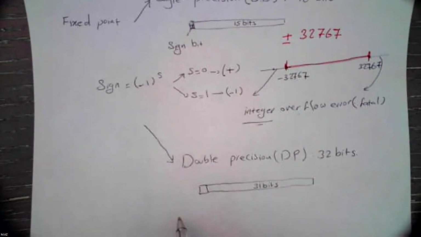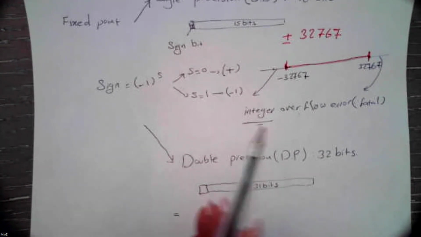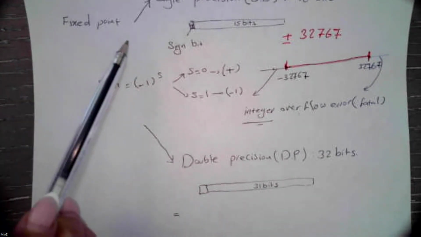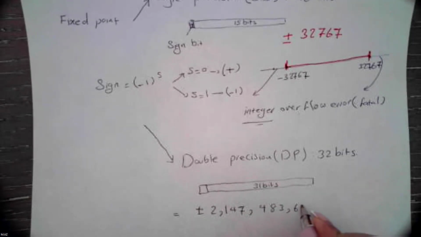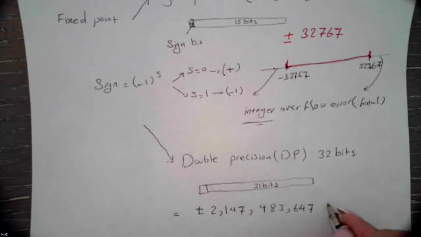And the largest number for double precision of the integer or fixed point number is 2,147,483,647.